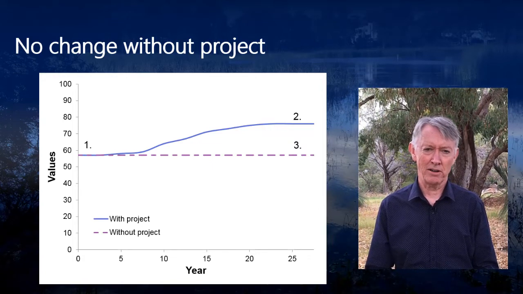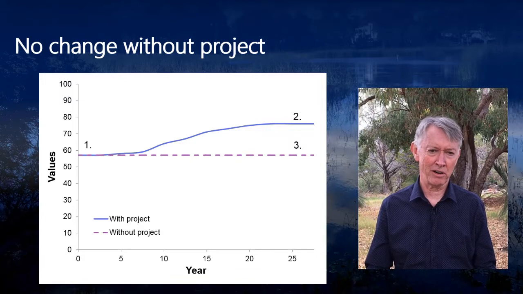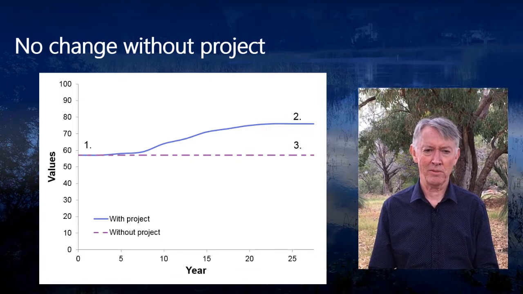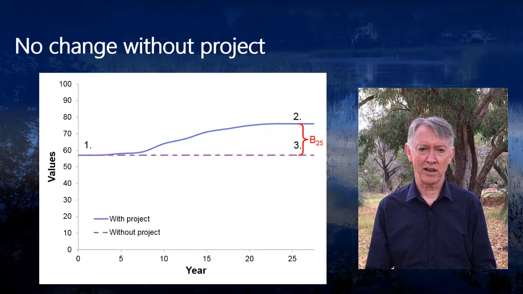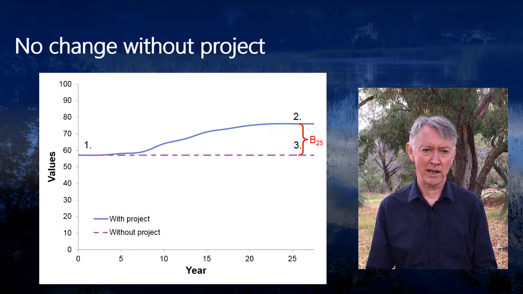If we didn't do the project, the dashed line indicates that things would have stayed the same. They wouldn't have got worse, they wouldn't have got better, they just would have stayed as they were. So in this case, at a particular point in time, let's say year 25, the benefit of the project would be the vertical distance between those two lines at year 25, as indicated by that red bracket.